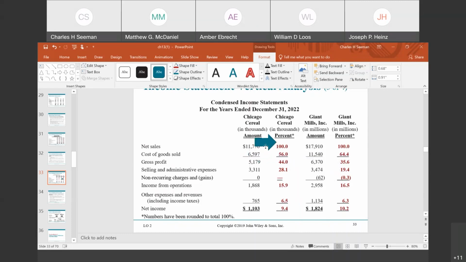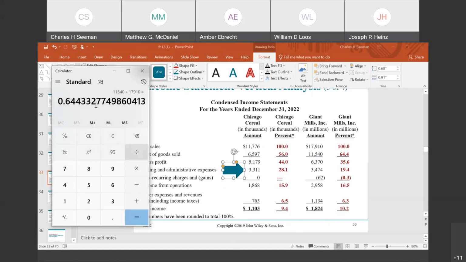So we're reducing it to a percentage. It's basically what they call common size analysis, and we're comparing the percentages. Selling and general administrative, again, we do the same thing. 3,311 divided by the entire amount of sales, 11,776, is how they got to 28.1%.